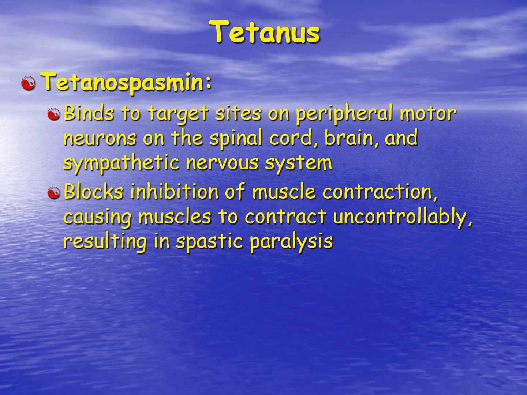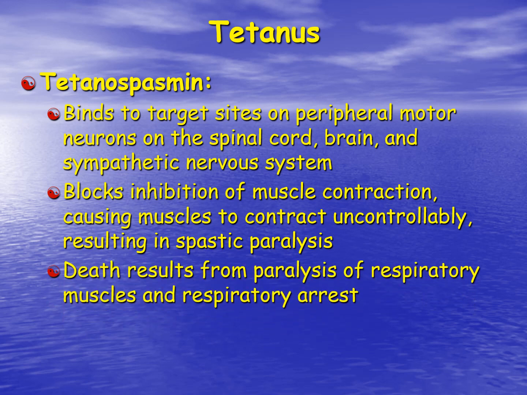It blocks the inhibition of muscle contraction, causing the muscles to contract uncontrollably, resulting in spastic paralysis. Eventually, the tetanospasmin will actually affect cardiac muscle. Death results primarily from paralysis of respiratory muscle and respiratory arrest, but may also result from stoppage of the heart.